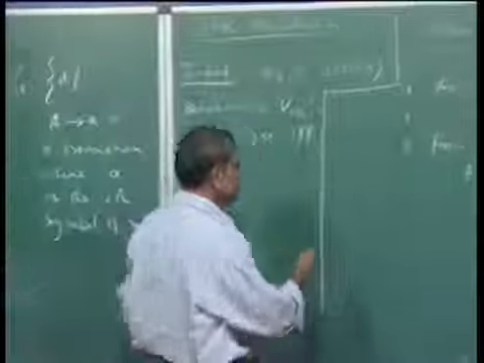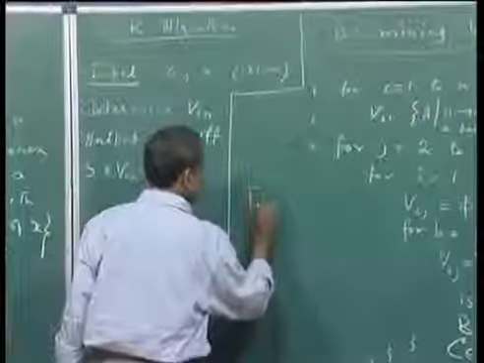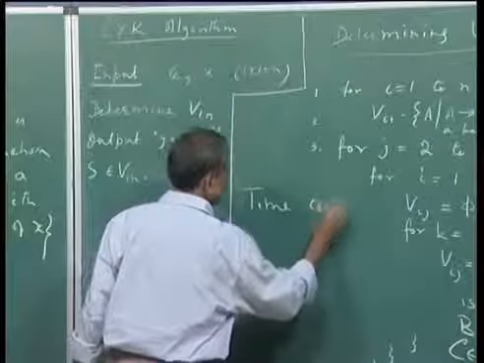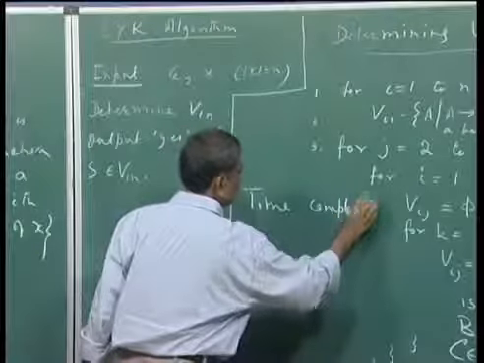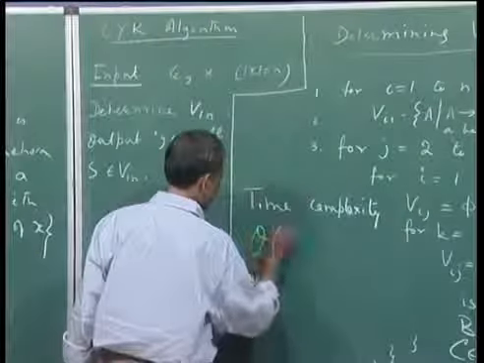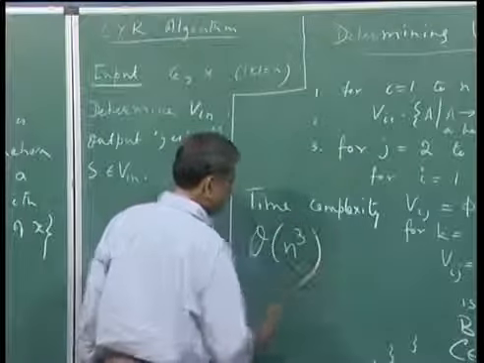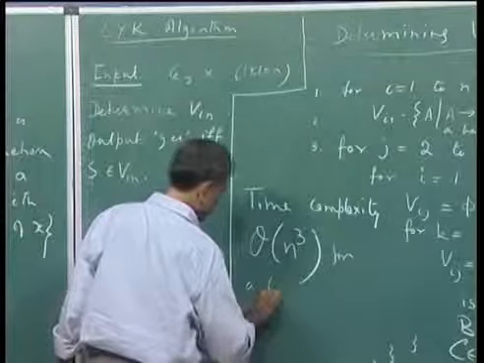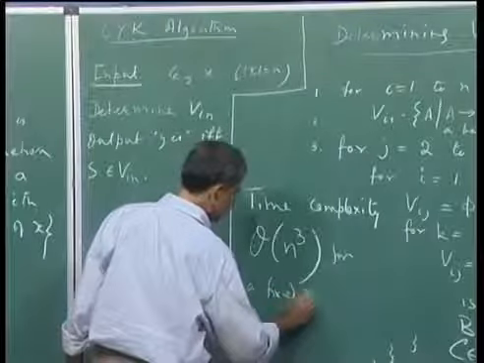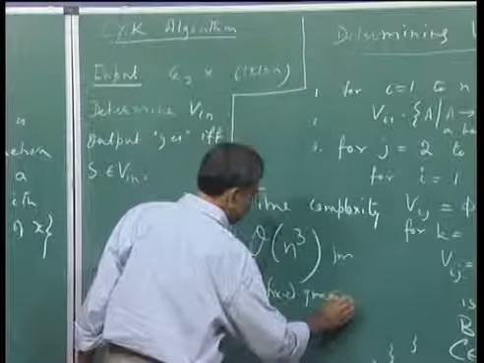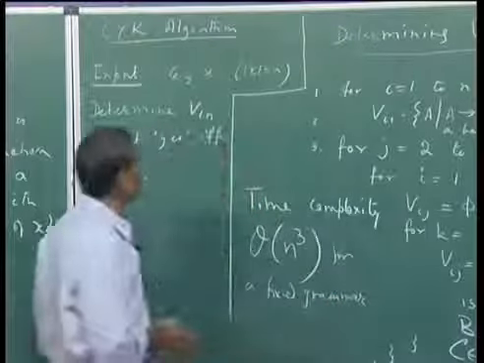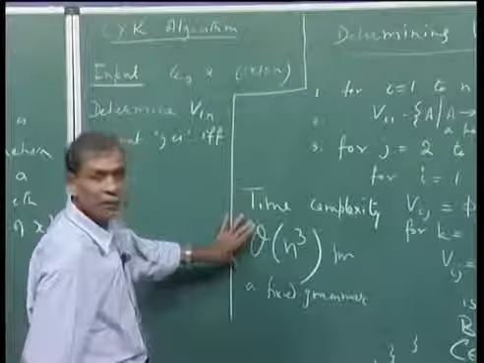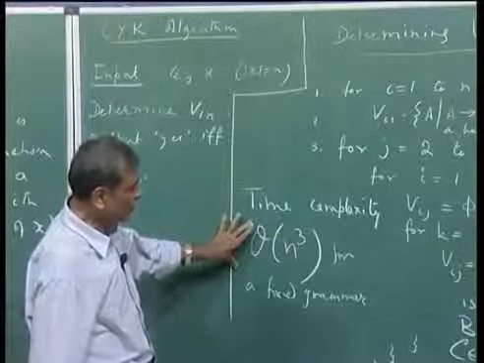So, therefore, we can see the time complexity is order n cube for a fixed grammar G. And when G is also in the input, it is the size of G multiplied by this n cube.